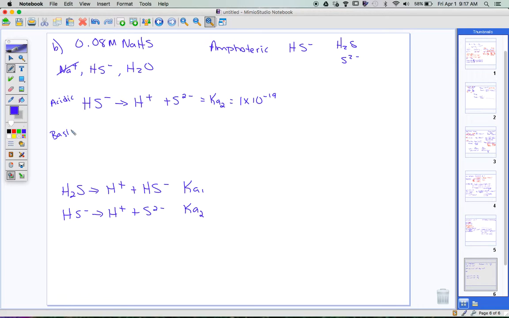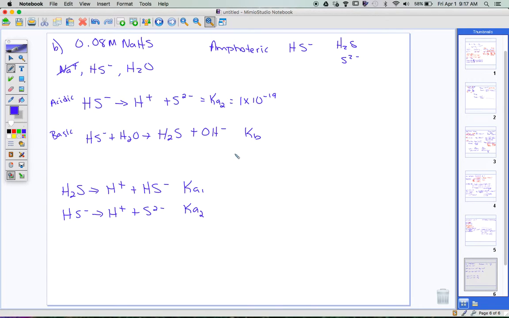Our other option: if it's basic, we have to add the water, and it will gain an H, and the hydroxide will come off. So in this case, we have to know what its Kb is.